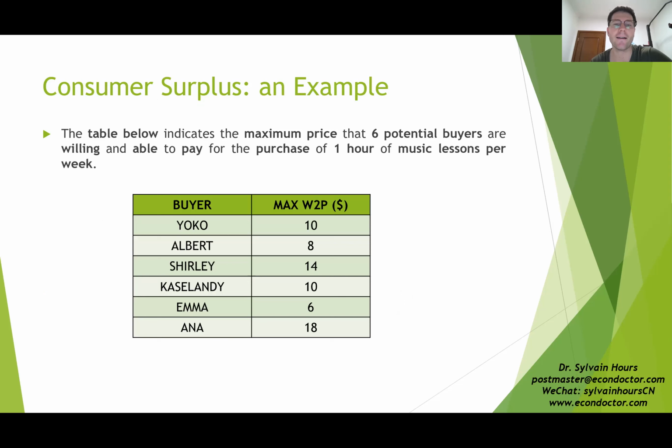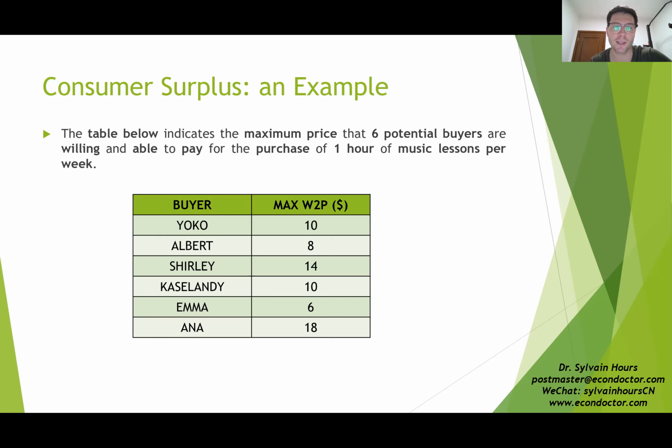So here we have the maximum willingness to pay for a product, which is 1 hour of music lessons per week. And we have 6 potential buyers, and the price that they are willing and able to pay for 1 hour of music lessons per week.